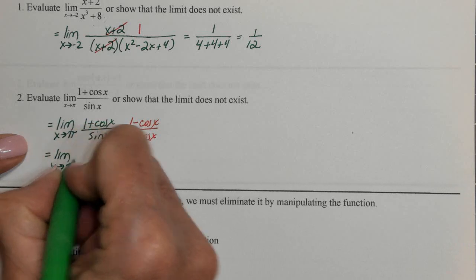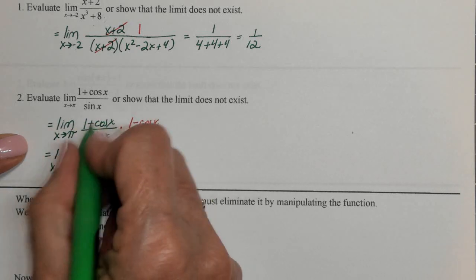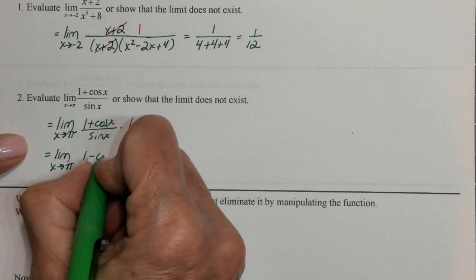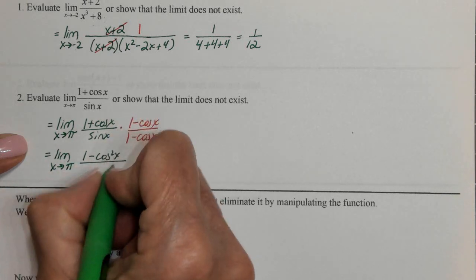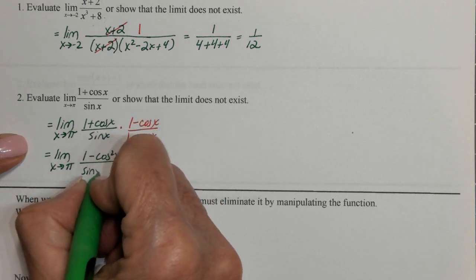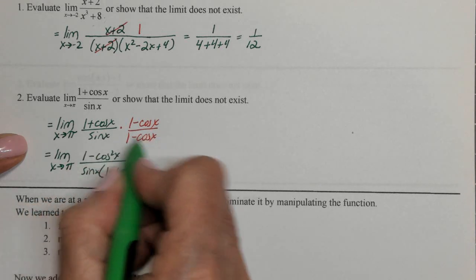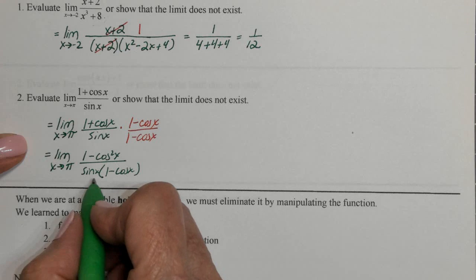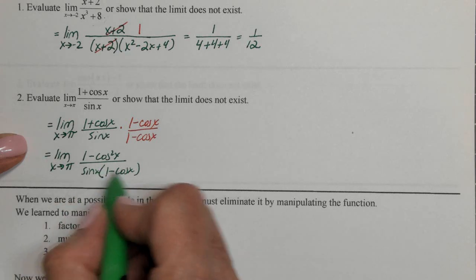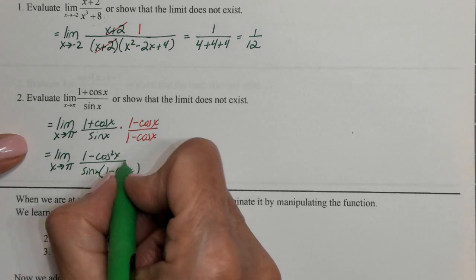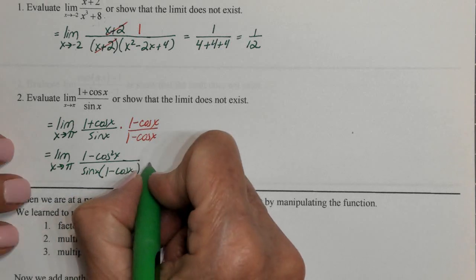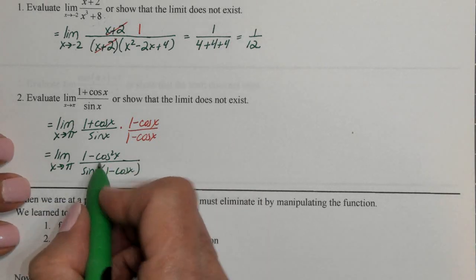and we will get, up in the numerator, when we FOIL that out, distribute that out, we'll get 1 minus cosine squared x divided by sine x times 1 minus cosine x. I'm not going to distribute that because I want to get rid of the sine x, and if you distribute it, it's going to be all muddied up there. Okay, 1 minus cosine squared x.